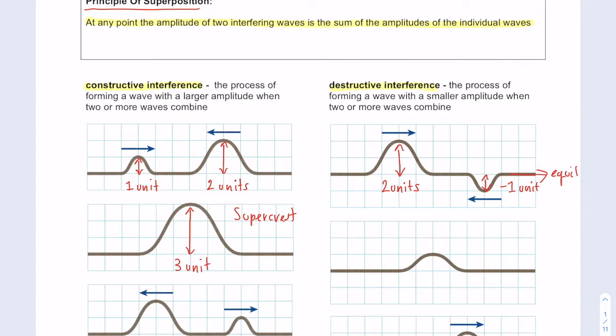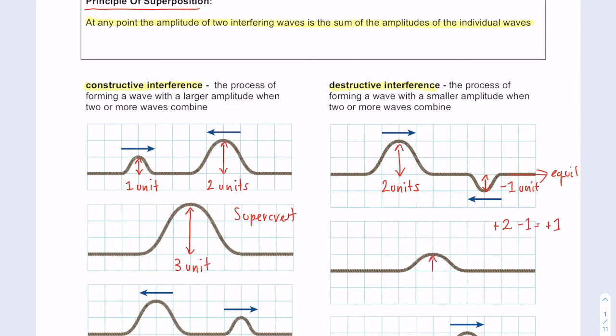When these two waves interact with each other, the resulting interference pattern is equal to the sum of the two amplitudes of the original waves. So if we have 2 units above and 1 unit below, plus 2 and minus 1 equals plus 1.